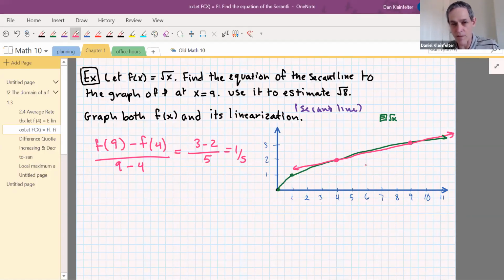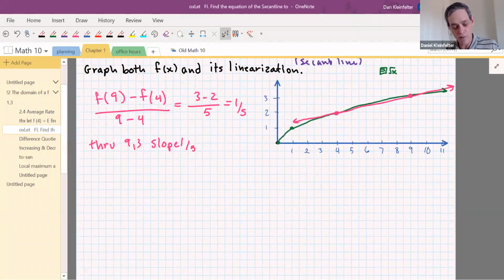The square root graph is curved, but pretty near the point where we are constructing this line at 9, the two are close together, and we'll see that we can use that to approximate our function. So let's finish finding the equation of the line. So it has to pass through the point (9, 3) and have slope 1/5.